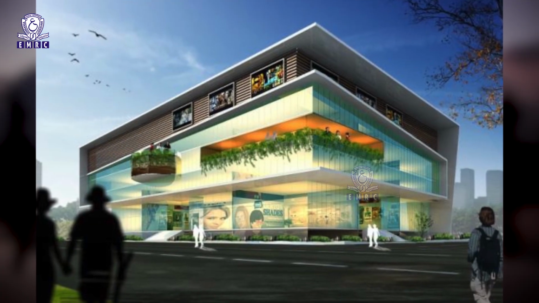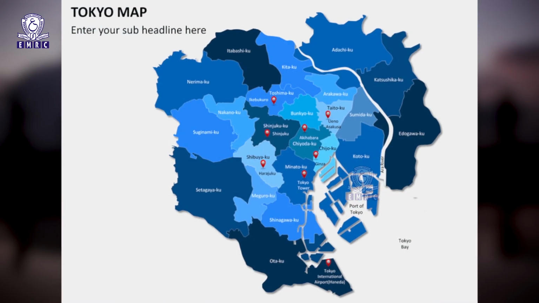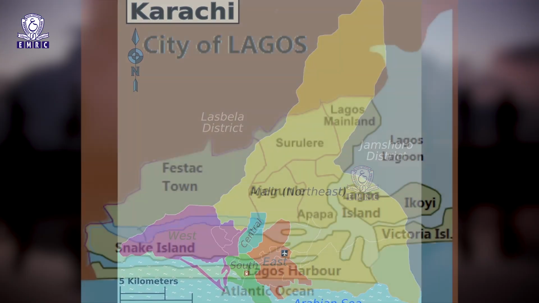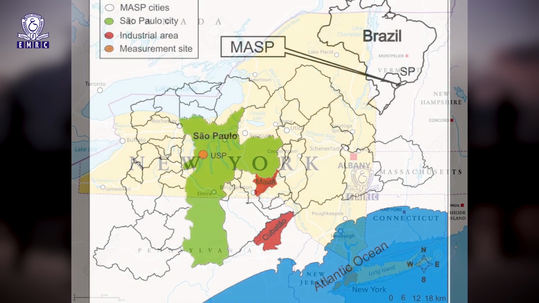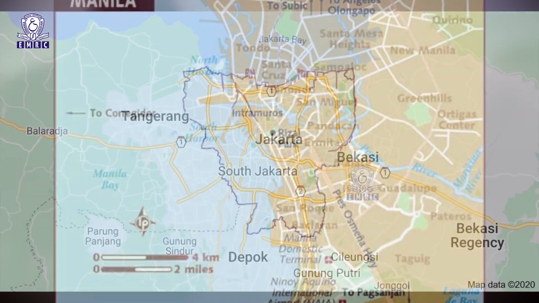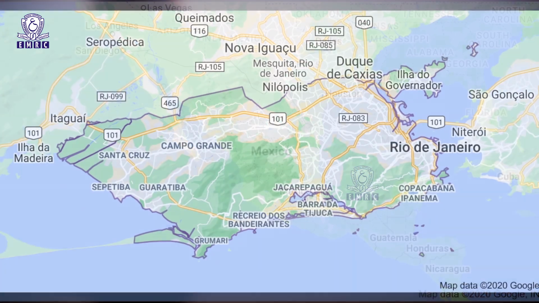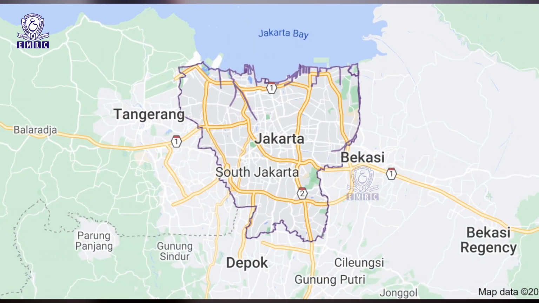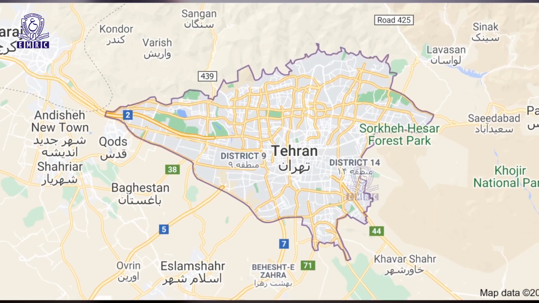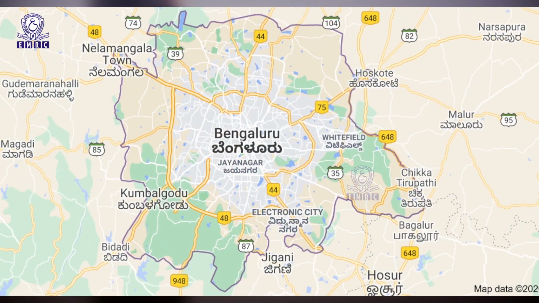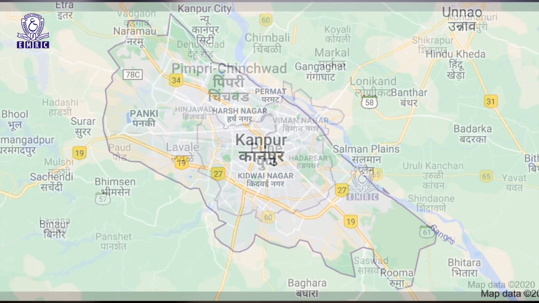The industrial and commercial centers of Tokyo, Mumbai, Kolkata, Delhi, Karachi, Lagos, Sao Paulo, New York, Manila, Jakarta, Seoul, Shanghai, Mexico, Rio de Janeiro, Bangkok, Tehran, Cairo, Dhaka, Nairobi, Hyderabad, Bangalore, Ahmedabad, Kanpur and Pune.